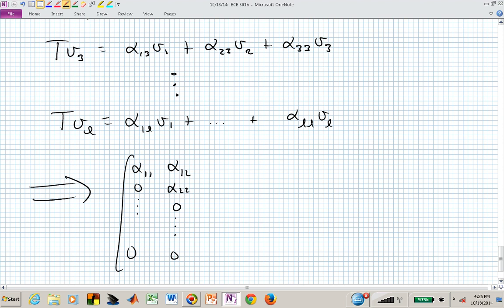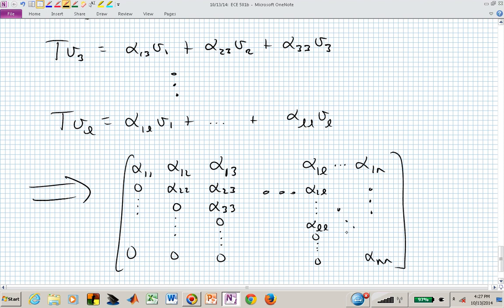To create T v sub 3, I needed three potentially non-zero scalars, and I could just keep going: alpha 1L, alpha 2L, down to alpha LL, but 0 below that, and then dot, dot, dot, alpha 1N, dot, dot, dot, alpha NN, with the zeros dotted as well.